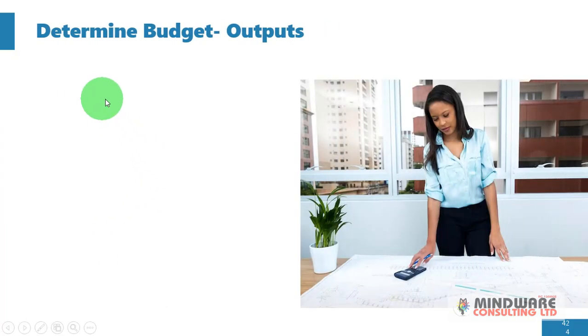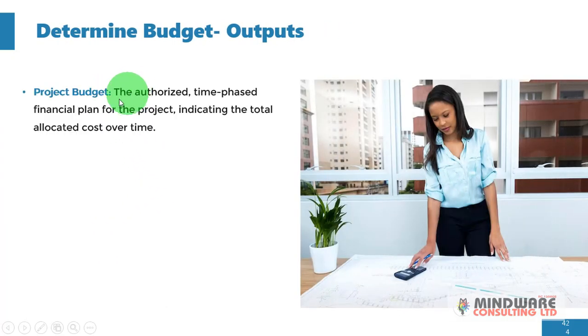So what's the output of this process? The main output here is the project budget. From this process you will get your budget for the project. This is the authorized time-phased financial plan for the project, indicating the total allocated cost over time.